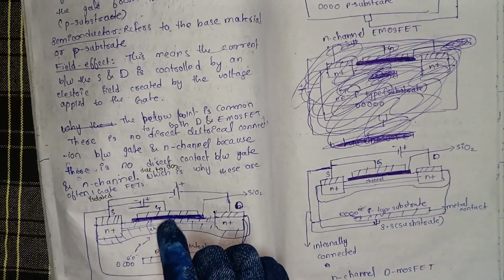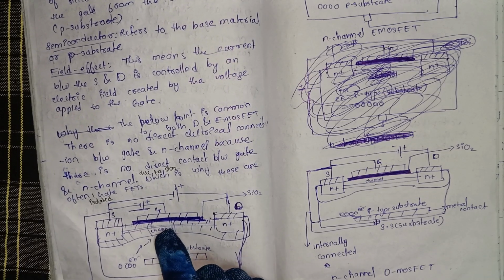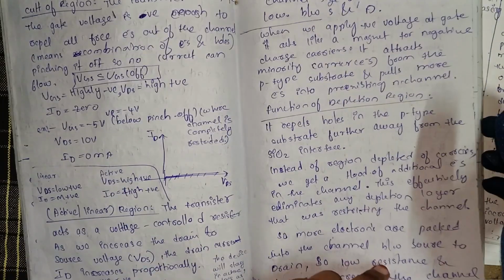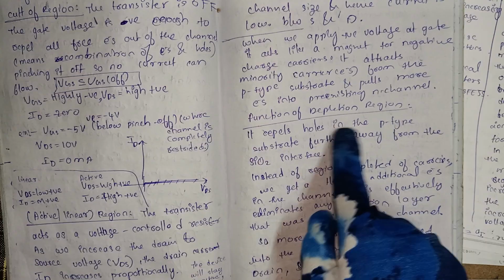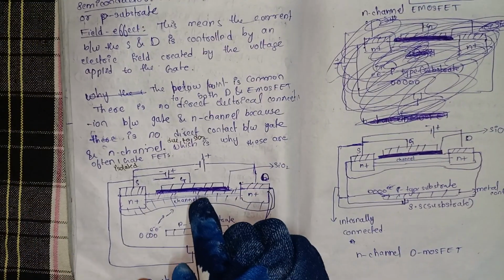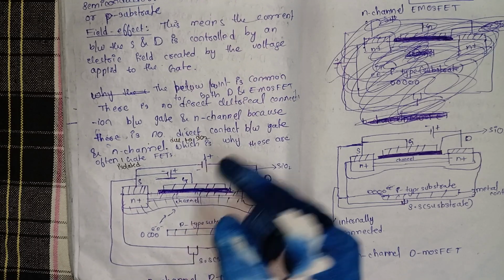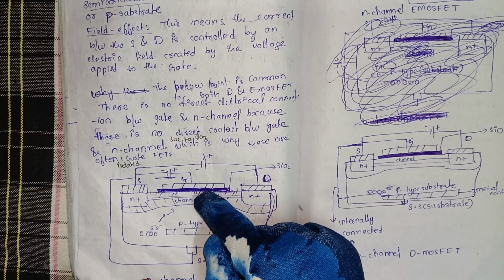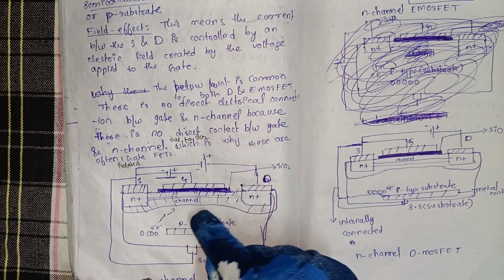So here is the silicon dioxide interface between the channel and the thick line. So this depletion layer repels holes in the p-type substrate further away from the silicon dioxide. So this depletion region between this thick line and the n plus region repels the holes further away from the channel, towards the p substrate.